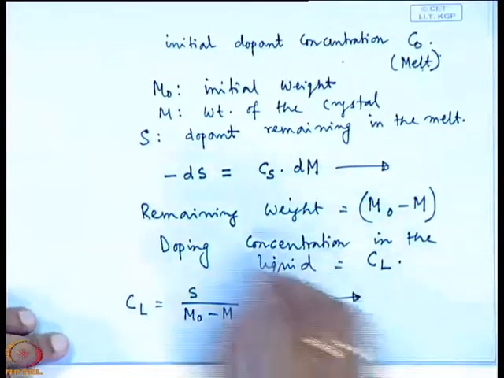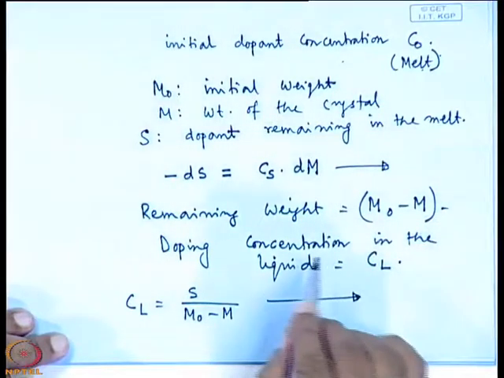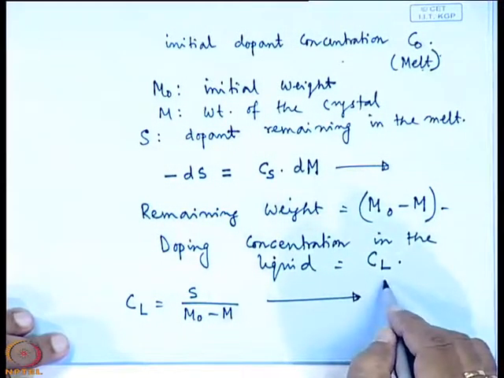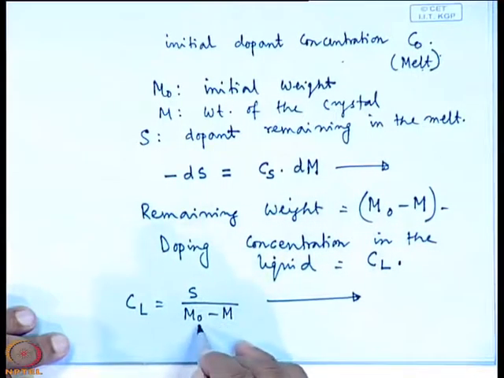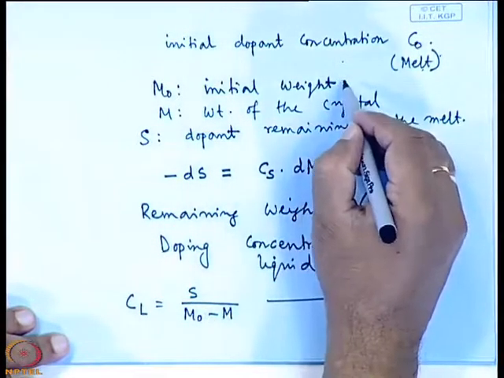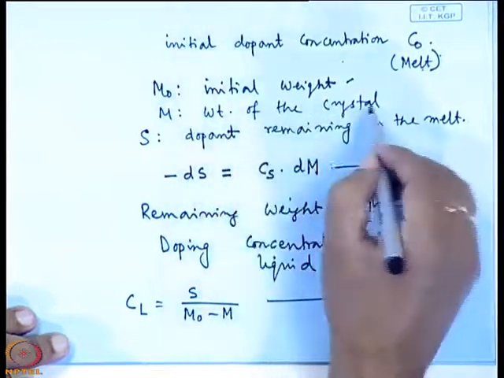Okay. Now, what is the remaining weight? The remaining weight is m0 minus m. Then the doping concentration in the liquid, if I consider that Cl, will be S by m0 minus m. m0 minus m is the remaining weight, because the initial weight was m0 and at any instant of time t, m is the weight of the crystal.